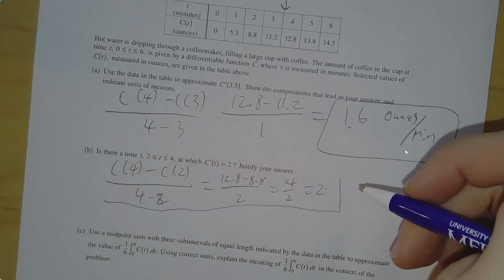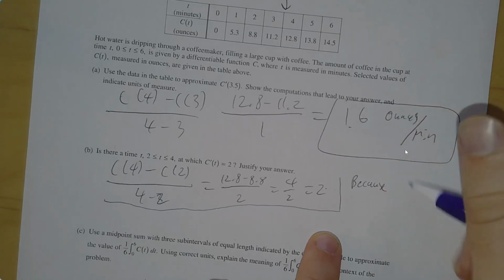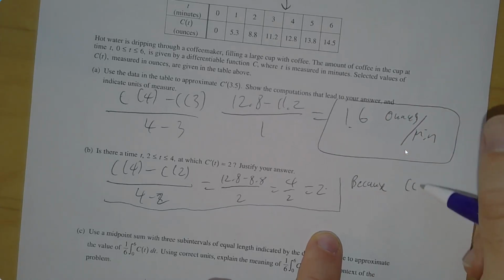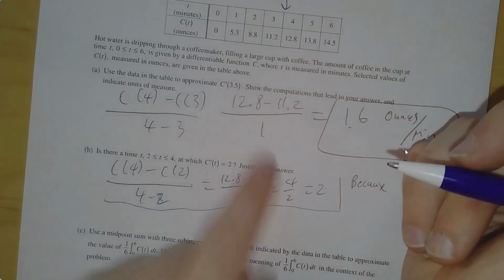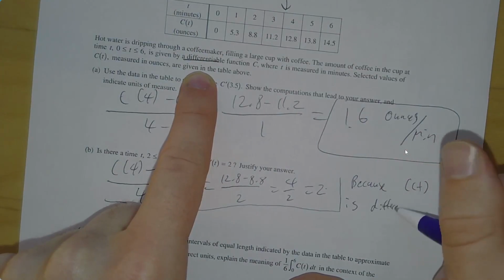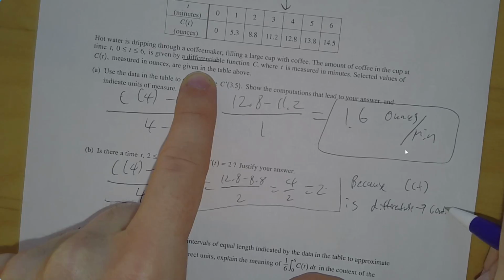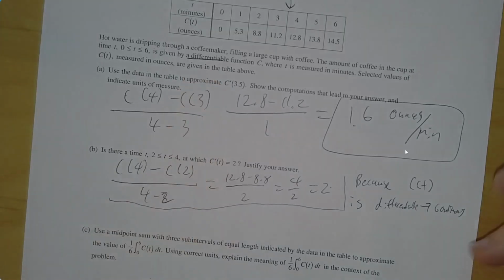So I say, because C of t is differentiable, it tells me that, differentiable right here, is differentiable, therefore continuous, right?